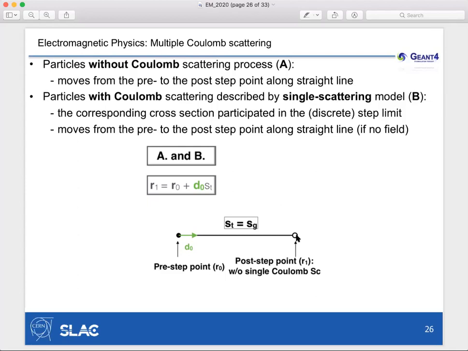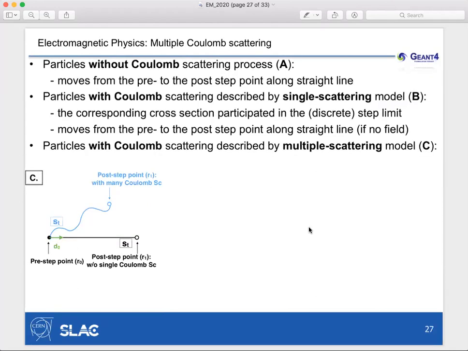But the interesting thing in these two cases is that the geometrical length of the step the particle makes, which is sometimes also called the transport length, in Geant4 is SG, and it is exactly the same as the true step length. The two things are exactly the same.